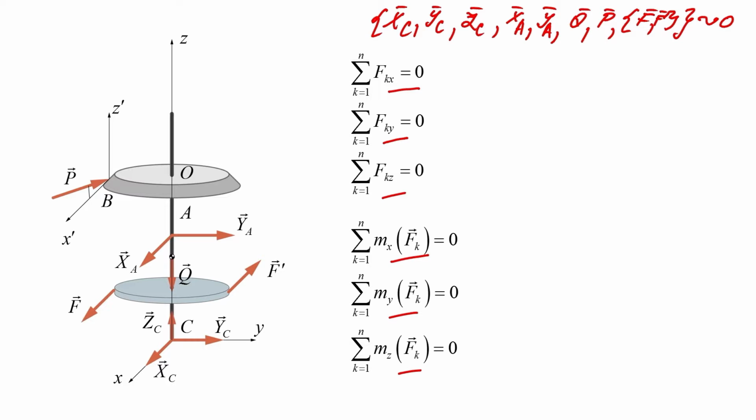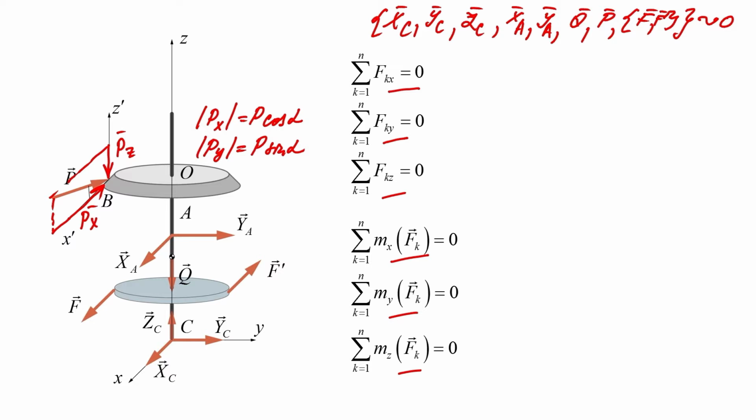An easy way to write down the equations is to resolve the force P into components Px, Py, Pz. The magnitudes are Px equals P multiplied by cosine alpha, Py equals P multiplied by sine alpha.